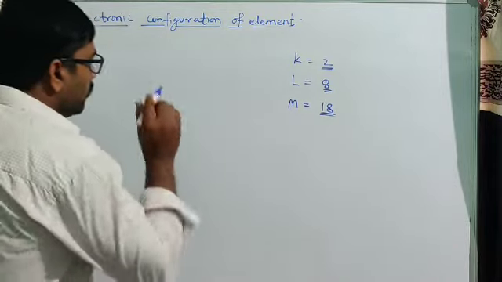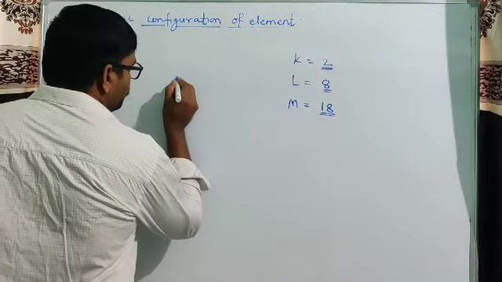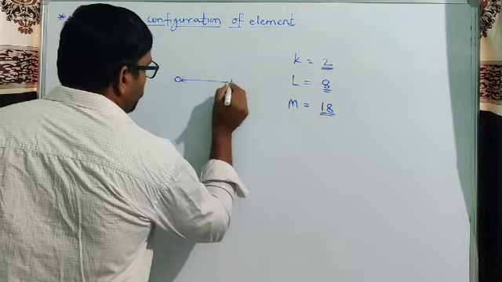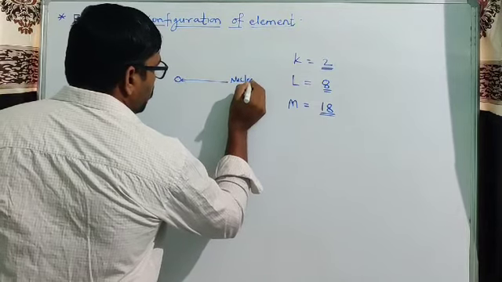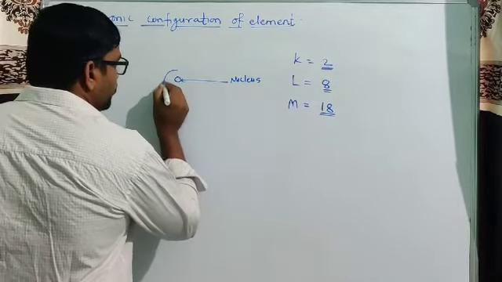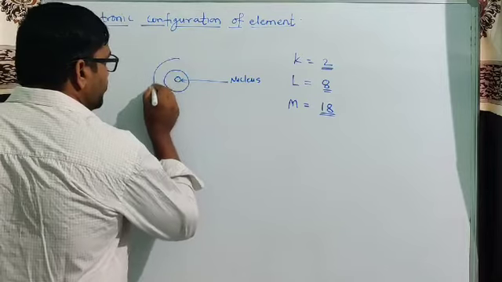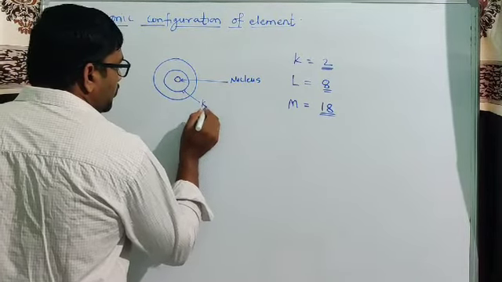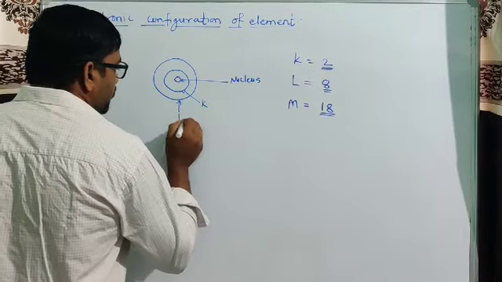So one thing we are saying about the atomic model. This is our nucleus. This is the first shell, this is the second shell. This is the K shell, this is the L shell.